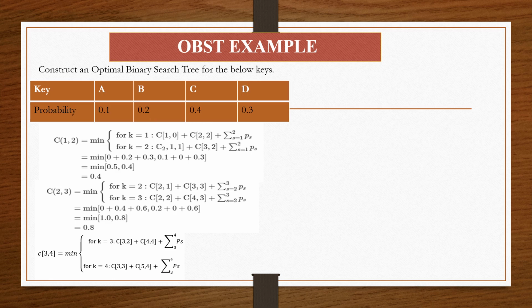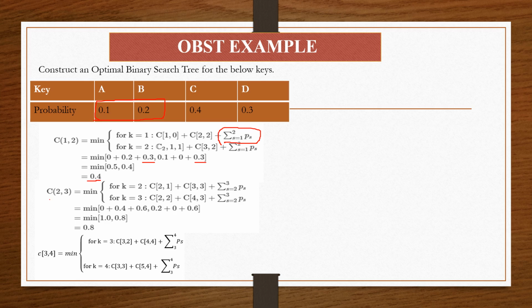That is the reason of having 0.3 here. So here also 0.3, here also 0.3. Why? Because I am adding the probabilities of 1 to 2, which is nothing but these two. I am applying the values of i, k and j here, and I will find out the minimum of all these, and my answer is 0.4.